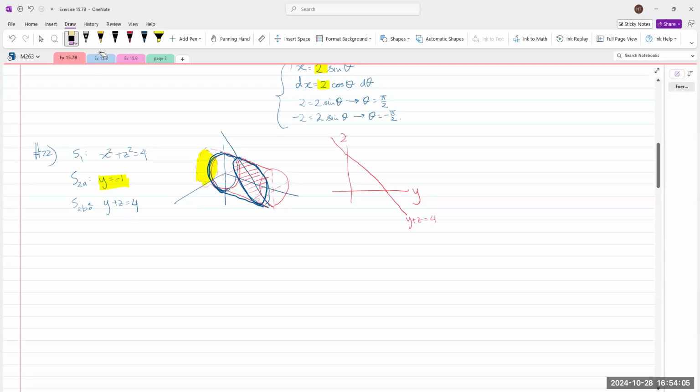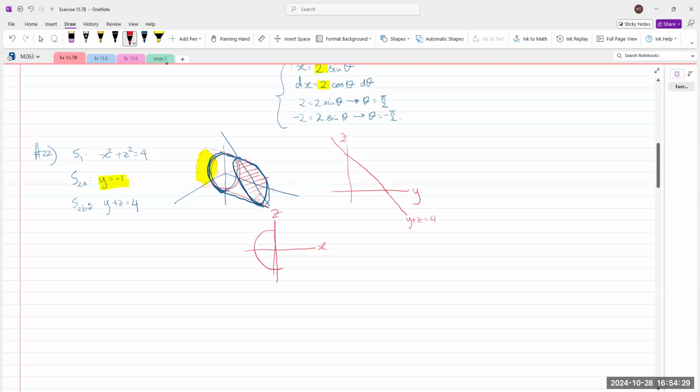Okay, let me erase the parts that are not relevant. Now let's start. If we take a look at the two-dimensional domain of integration, the one quite natural one is the xz plane.